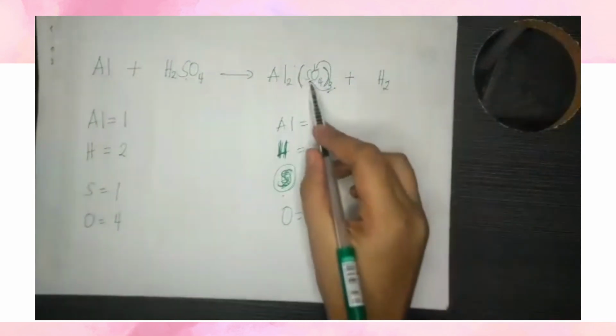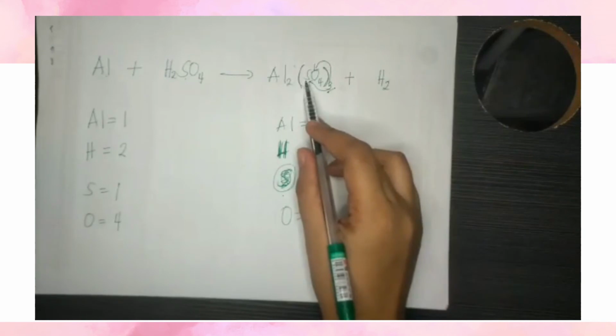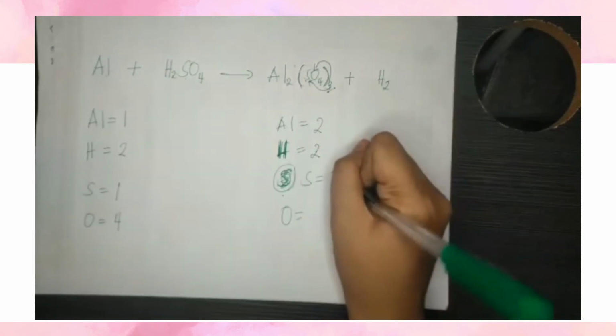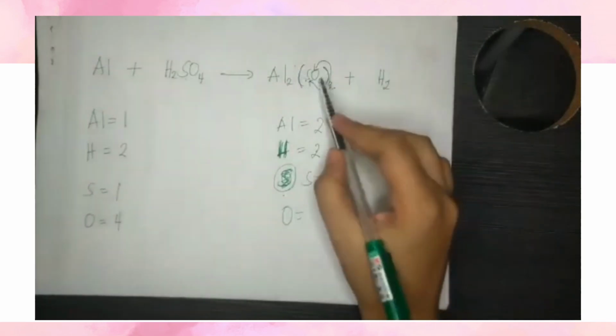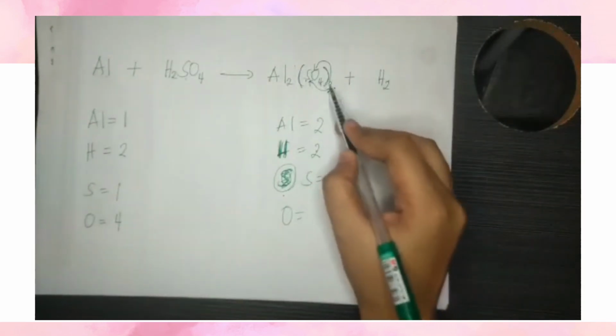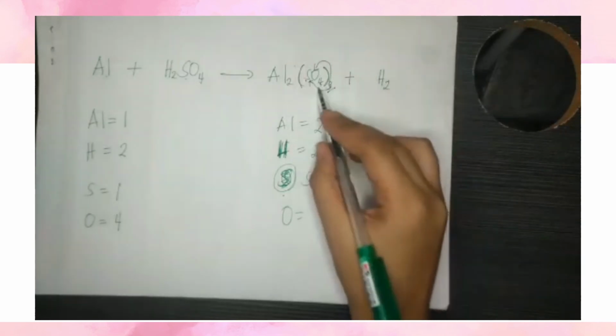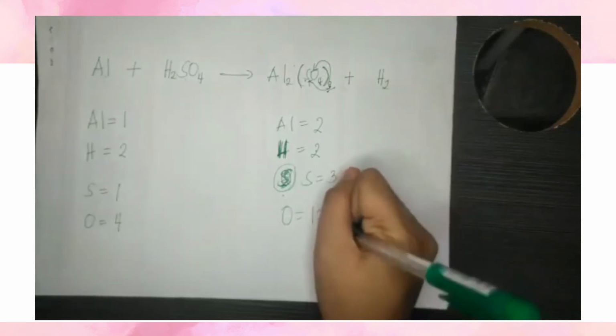So if we have 1 sulfur inside the parentheses and we have a 3 subscript outside the parentheses, we have 3 sulfur. For oxygen, we have 4 inside and a subscript of 3 outside the parentheses. So 4 multiplied by 3, we have now 12.